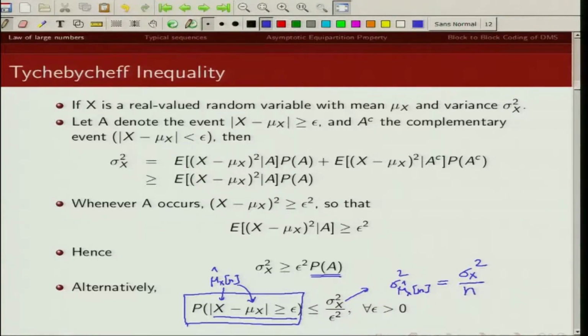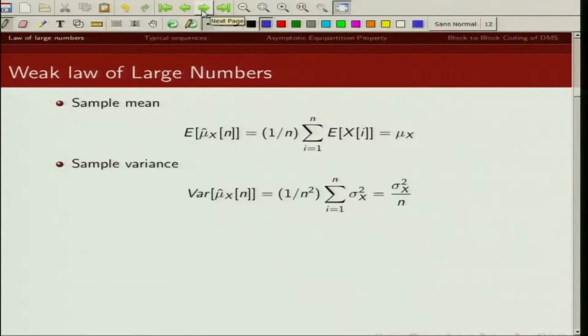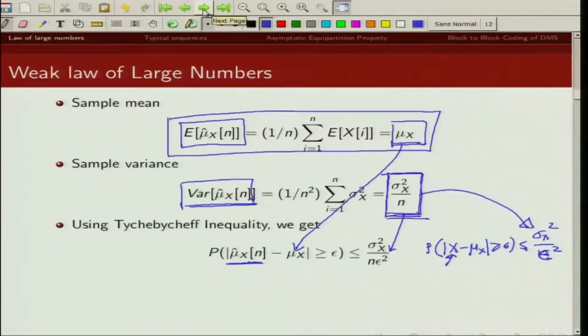So if you plug these values in this expression, what we get is this: the probability that the absolute difference of mu hat of x minus mu x is greater than or equal to epsilon is upper bounded by sigma x square by n epsilon square.